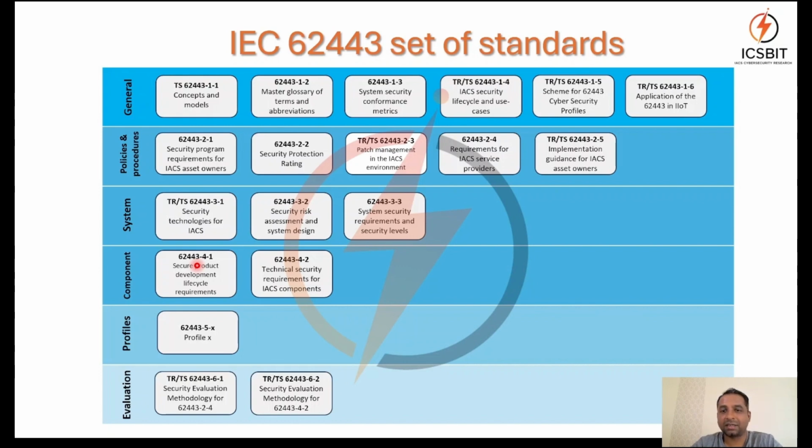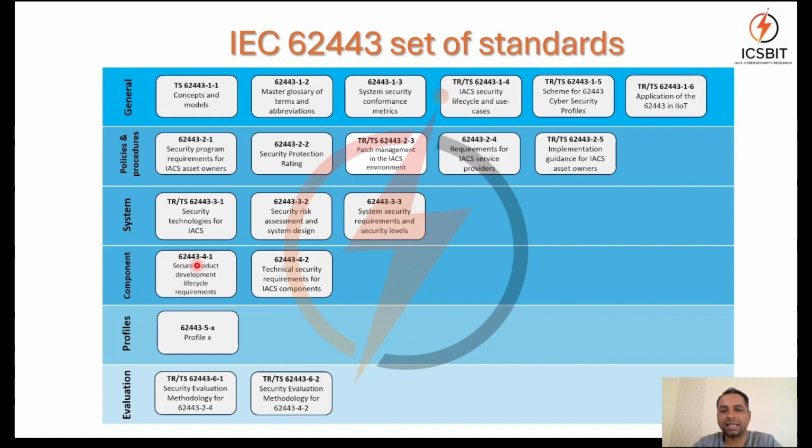The relevant standard is in slab number 1, that is the general slab, and you can check 1-5 talks about the scheme of 62443 cybersecurity profiles, which means 1-5 and the 5-X series will grow together. You also have 1-6 where the application of 62443 in IIoT is discussed.